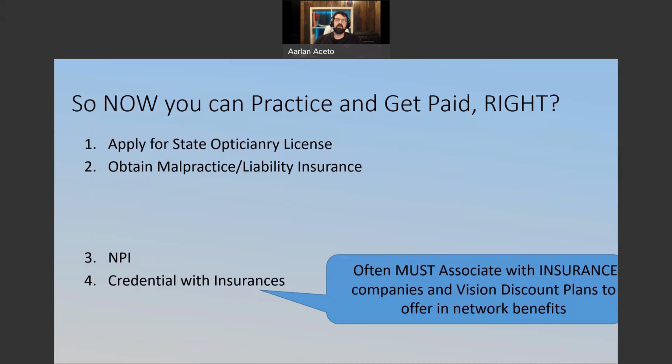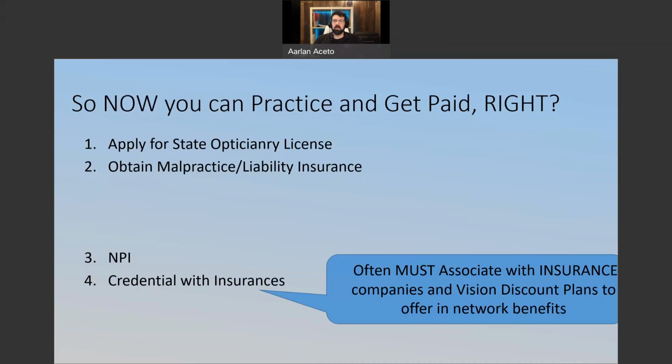To credential, if you are credentialed with them and you're accepted onto their quote unquote panel, that means you're in network. There is the possibility in many insurances to provide services where the patients pay out of pocket. You give them the information and the receipts, and then they can apply as an out of network benefit. Let's say I have, say, IMED, and I pay you $600 for frames, lenses, anti-reflective.